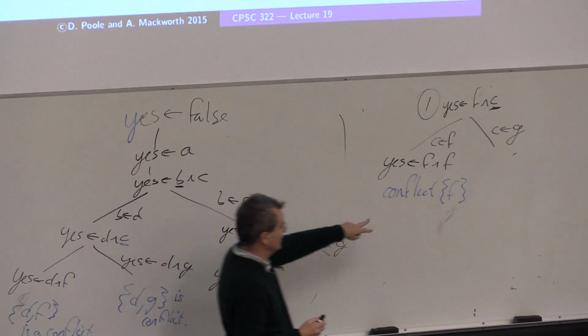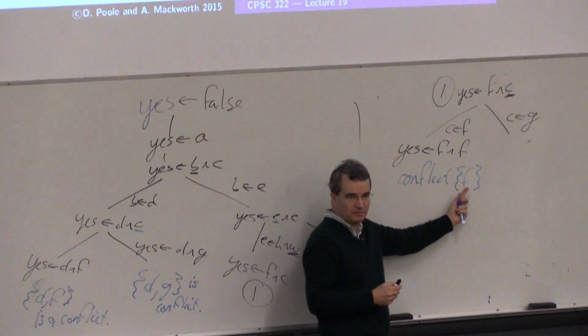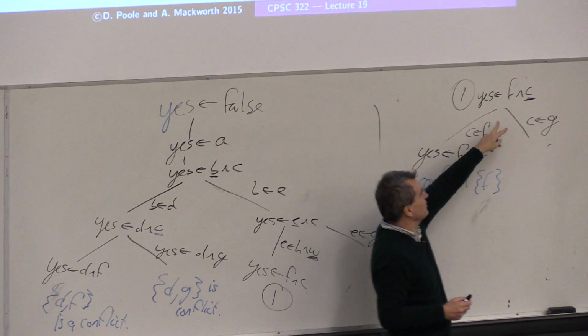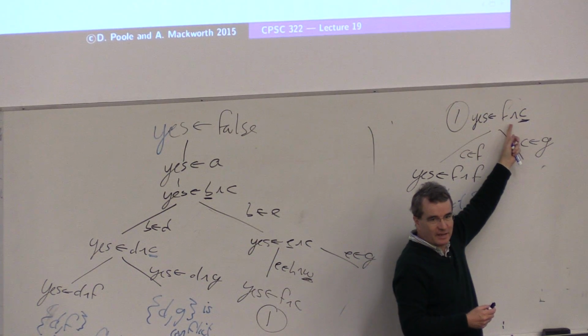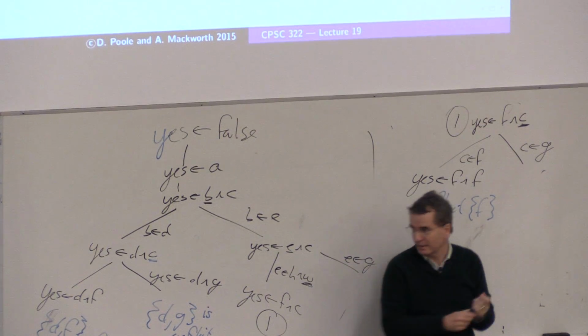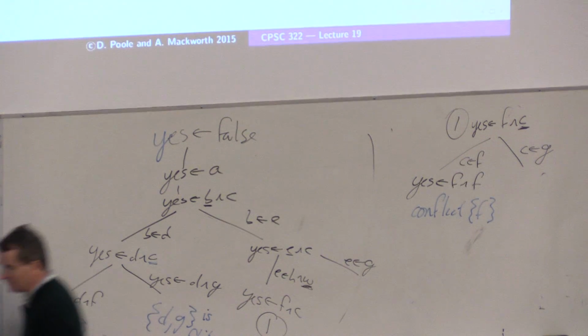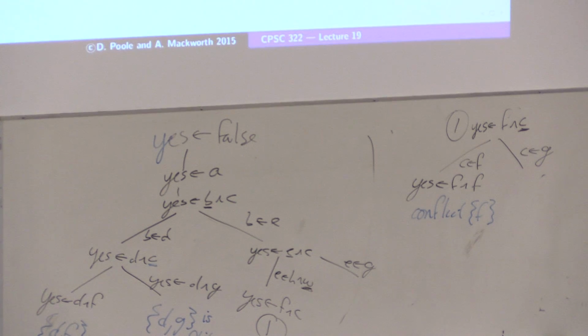Does that make sense? But now we're going to do something interesting. Once we're here, if we know F by itself is a conflict, we can actually prune this, because we know this has F there anyway, so you're only going to get a bigger conflict. Let's find a different color.